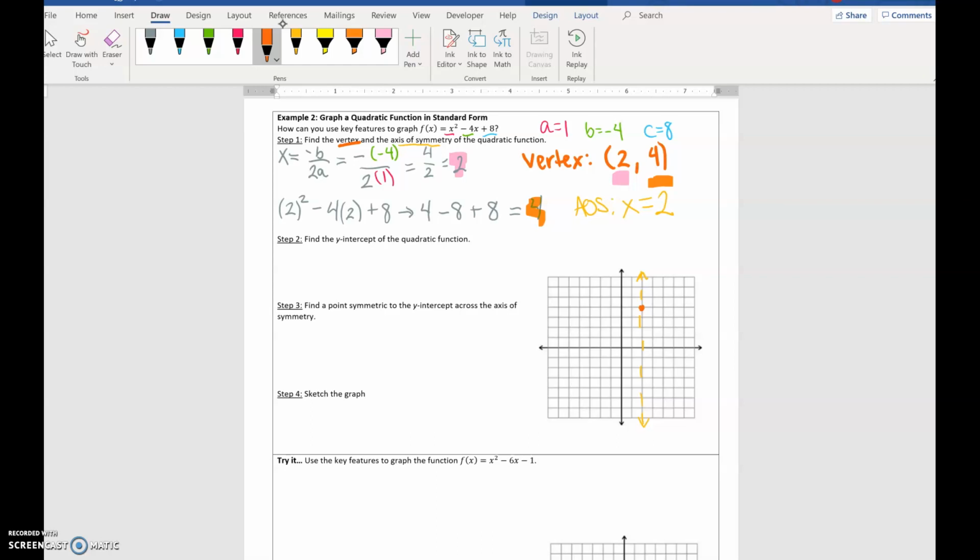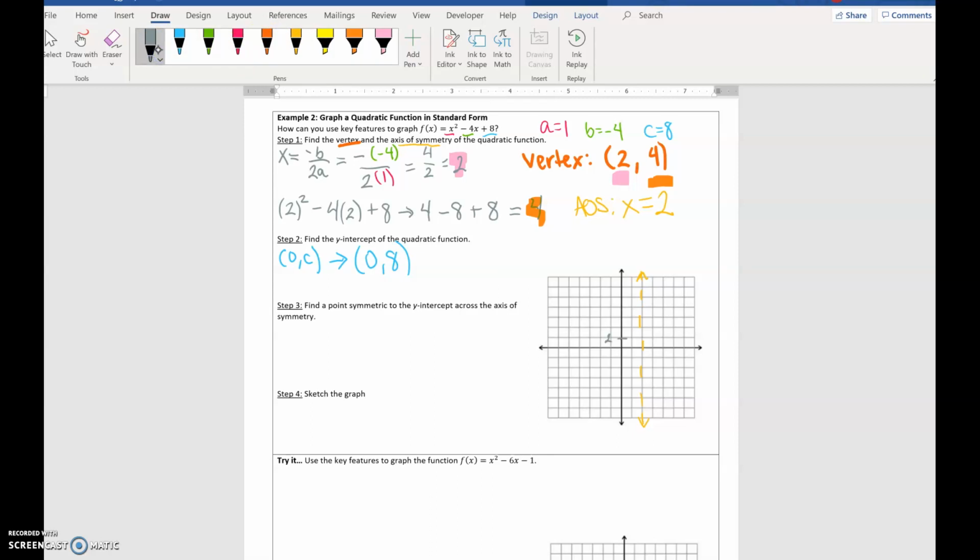Step 2, find the y-intercept of the function. So again, remember our c value is our y-intercept. So our y-intercept is 0, comma c, which in this case would be 0, 8. And my graph doesn't go to 8, so I'm actually going to redo this where this is counting by 2s.